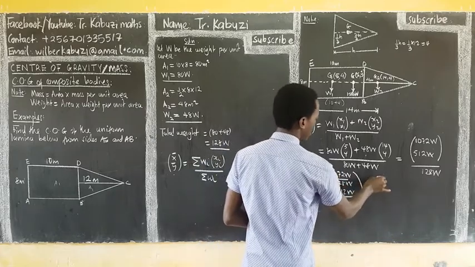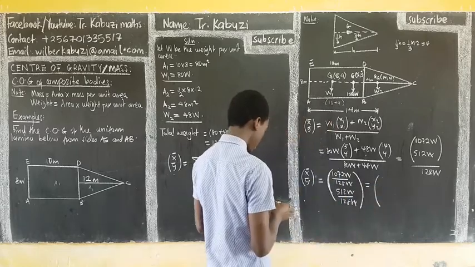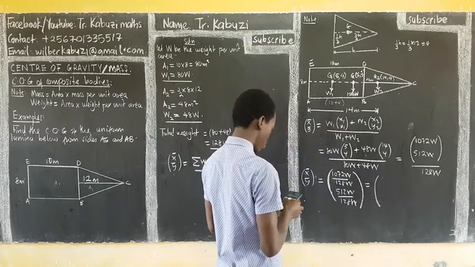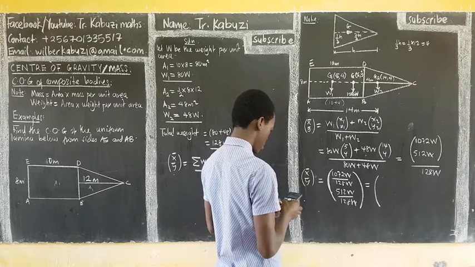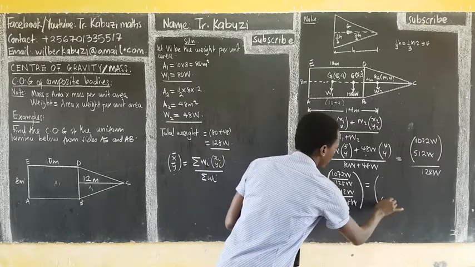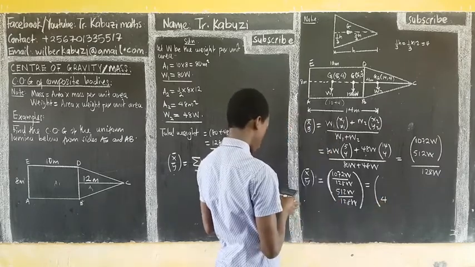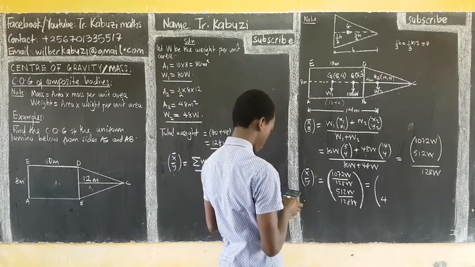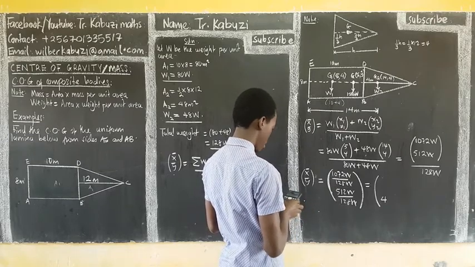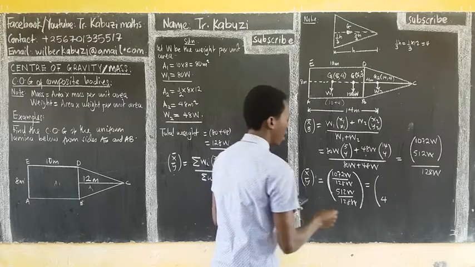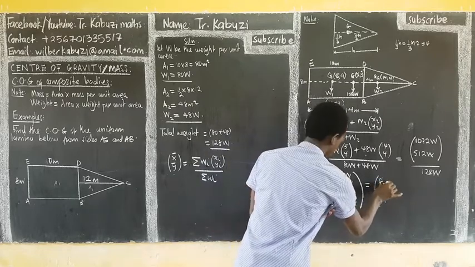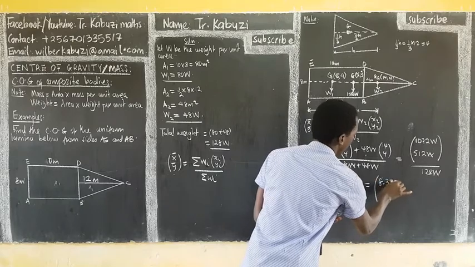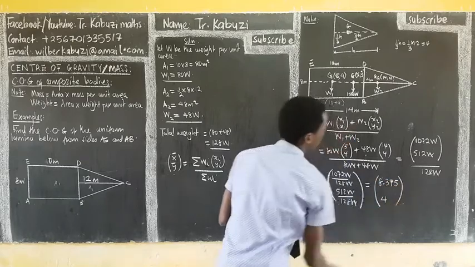And so this one is giving us 4, and then up, I'm getting 8.375.